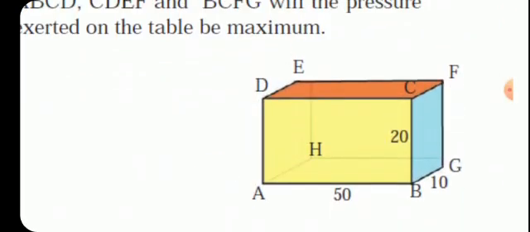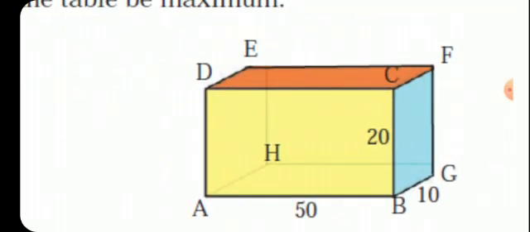So the diagram is shown here. The block of metal is cuboidal in shape. Its faces are all rectangular in shape. The mass of block is 10 kg and it has 50 centimeter, 10 centimeter and 20 centimeter as length, breadth and height respectively.